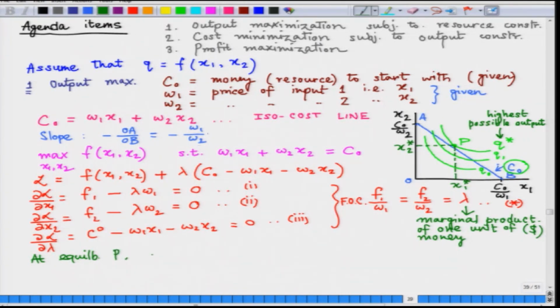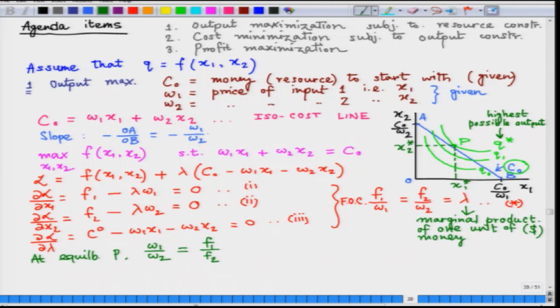What happens? The absolute value of the slope of the iso cost line, which is given by W1 over W2, shall be equal to the absolute value of the slope of the iso quant, which is given by MRTS, which is basically the ratio of the marginal products, right.